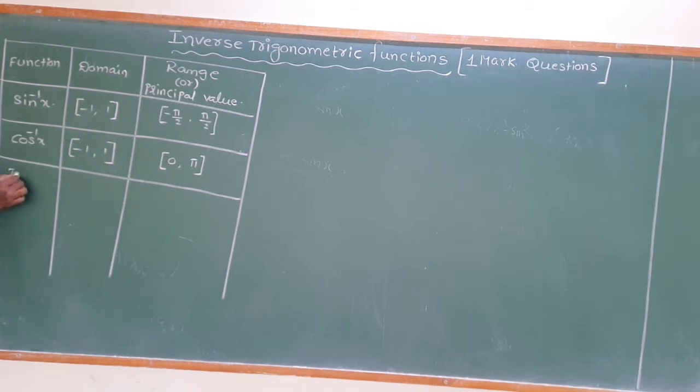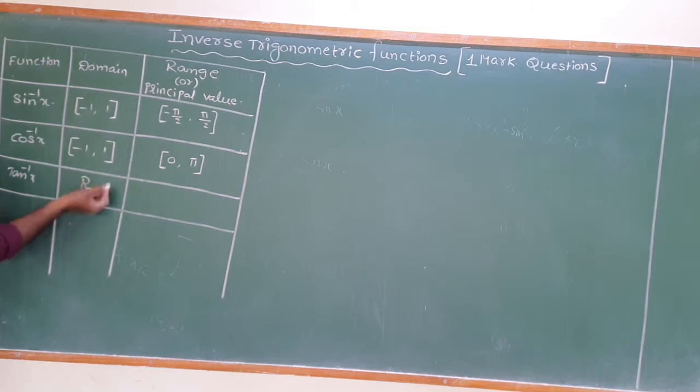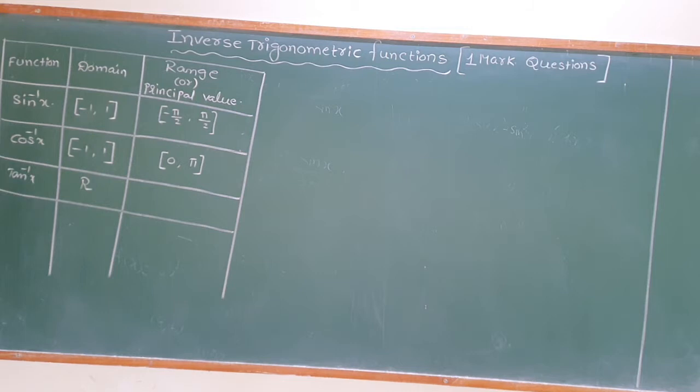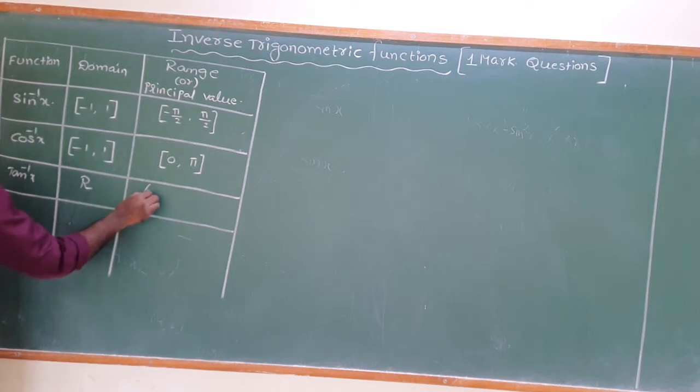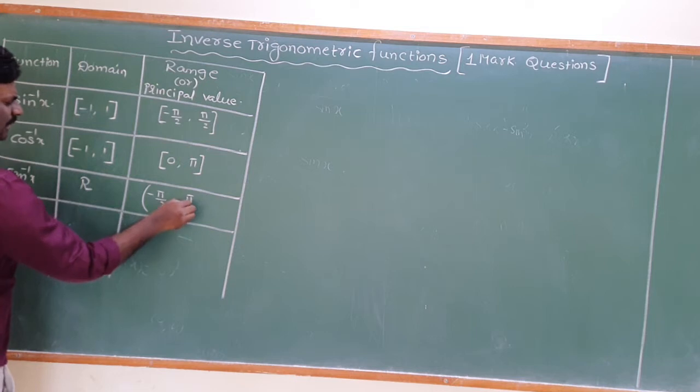Next, third one, the domain of tan inverse x is all real numbers, but the range is open bracket minus pi by 2 to pi by 2.